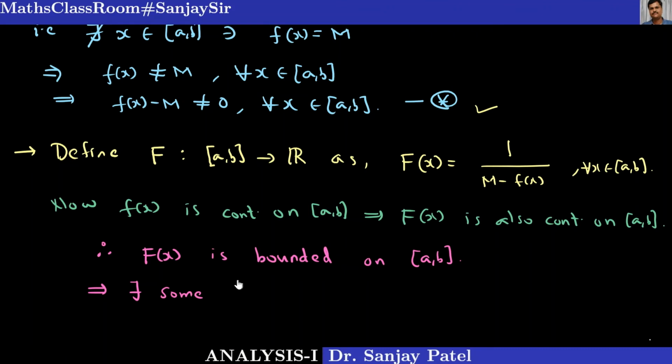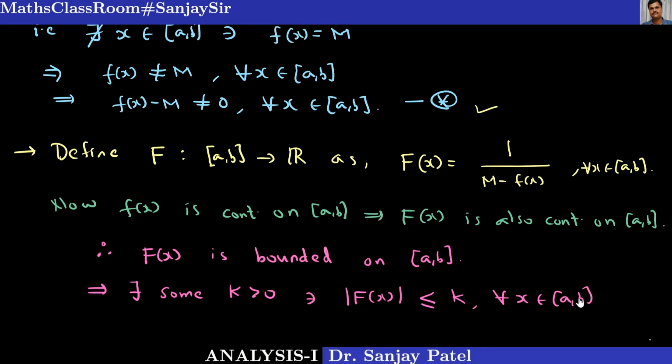By definition of a bounded function, there exists some constant k greater than 0 such that mod of capital F of x is less than or equal to k for every x belongs to closed interval [a, b].